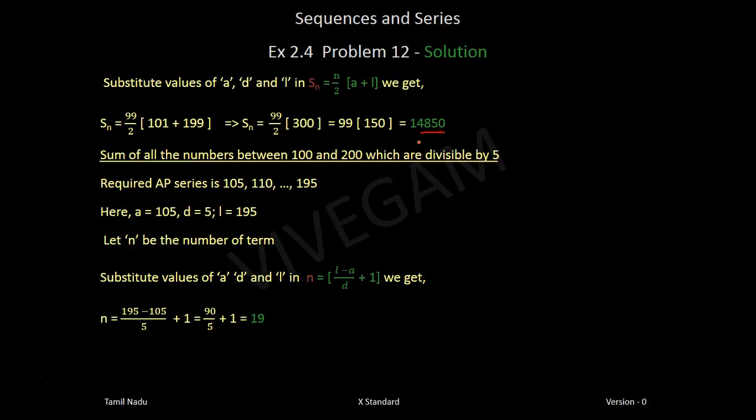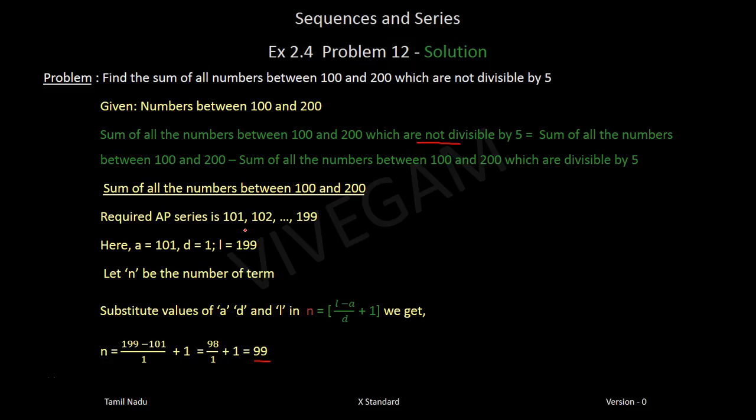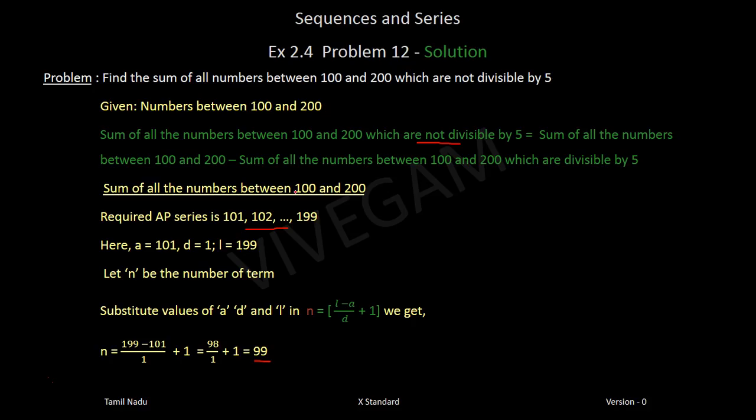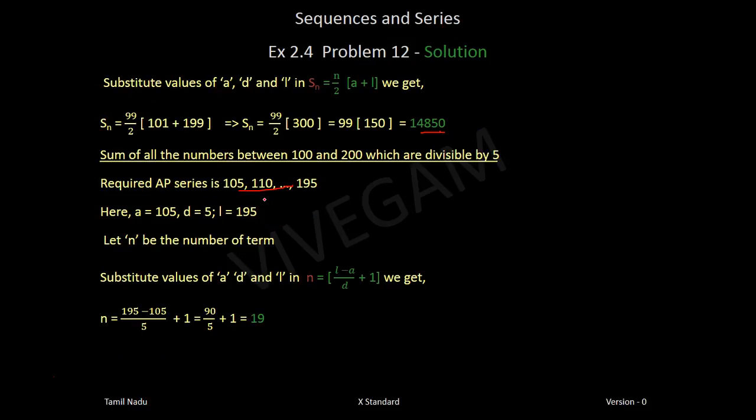Right, now let's find the numbers between 100 and 200 which are divisible by 5. So this series is a part of this series, right? So when you subtract the sum of this from this, you will get the sum of numbers which are not divisible by 5. Okay, that's how we need to do.